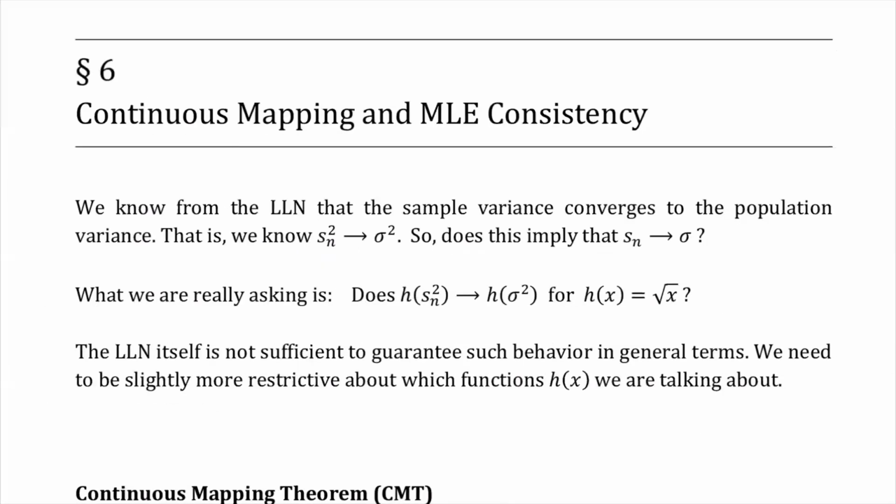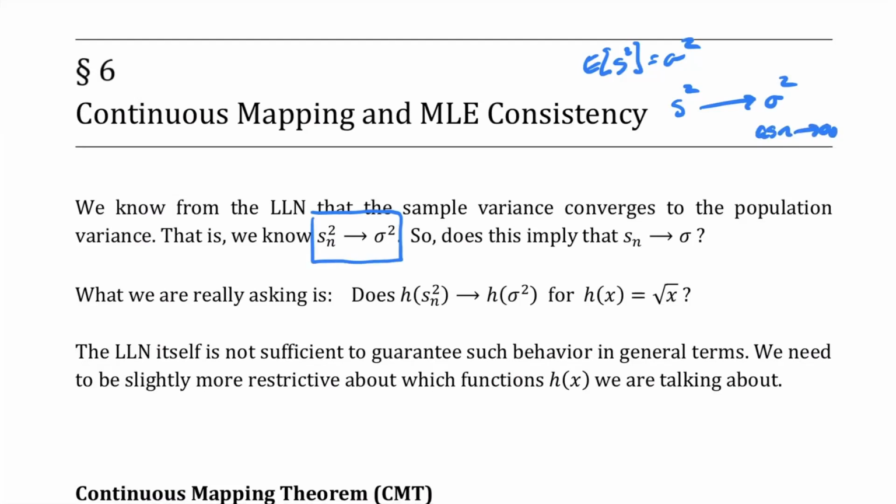So I guess the best place to start here, and I'll make this a little bit bigger so we can focus, is we know that the sample variance converges to the true variance, right? We know that the expected value of s squared is equal to sigma squared. And we know that s squared converges to sigma squared, to the true variance, as the sample size grows.